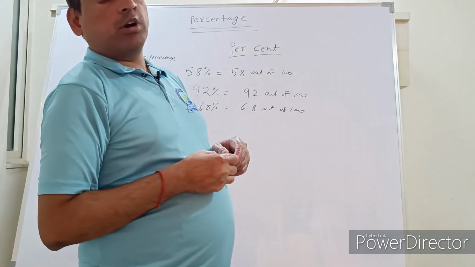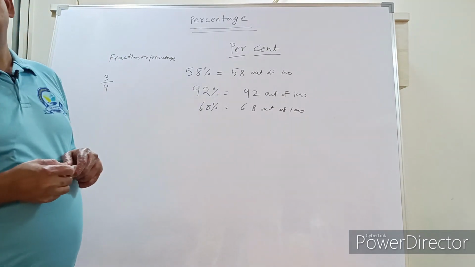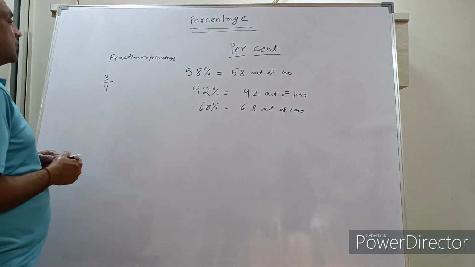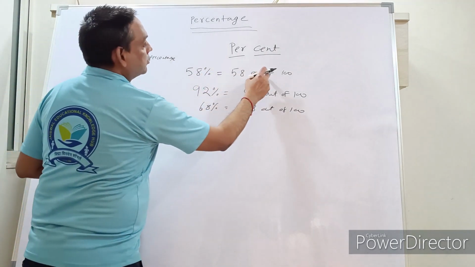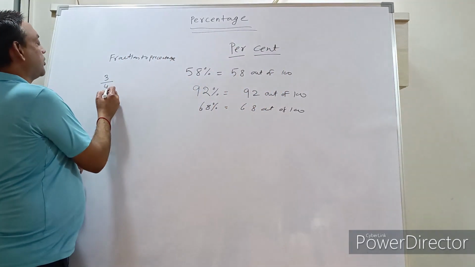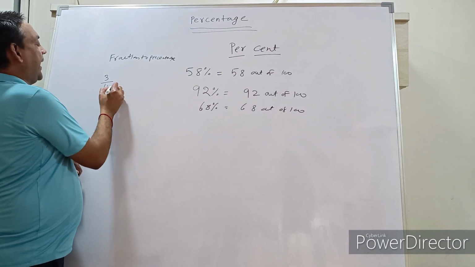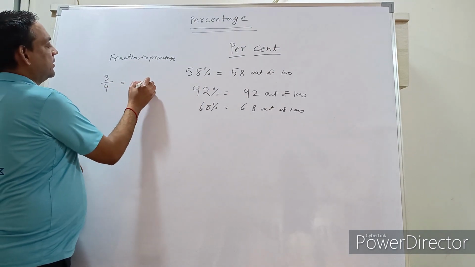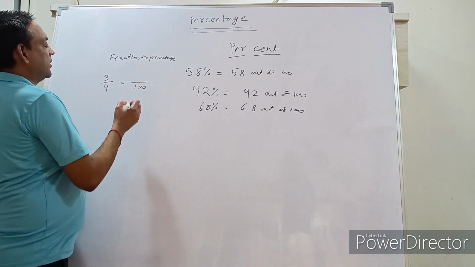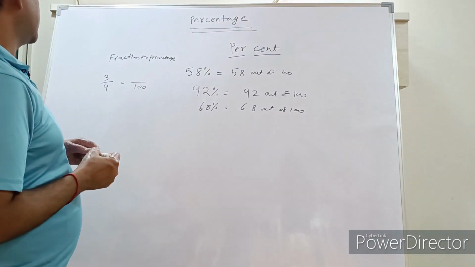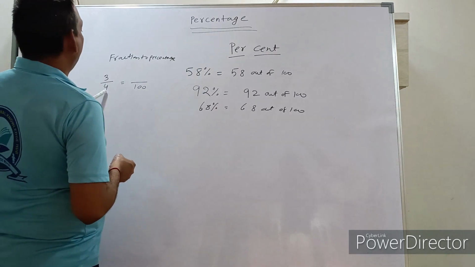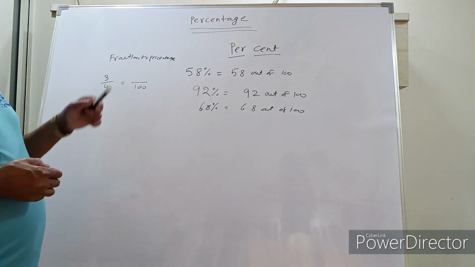So how to convert 3/4 into percentage? As I told here, it has to be out of 100, meaning we have to convert this 4 as 100. This denominator, this 4, we have to make it 100.